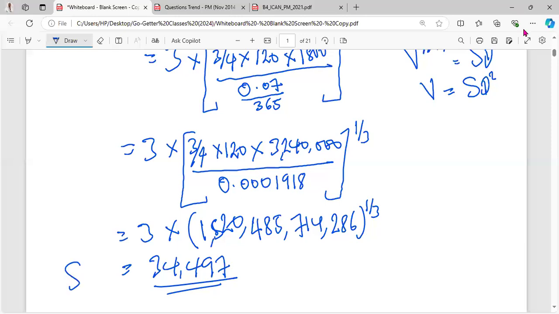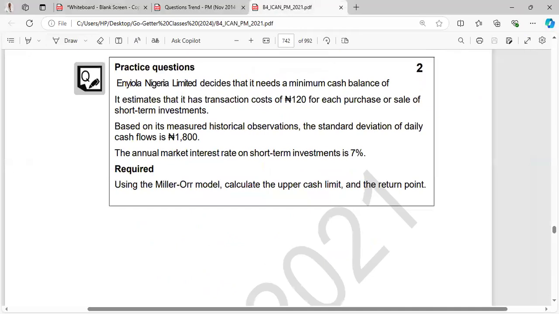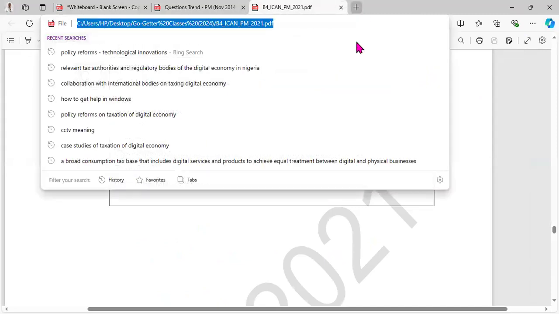So now this question is not complete. We are not giving the minimum balance. But just to be on the safe side, let's go and check the minimum balance from the solution so that we can understand.